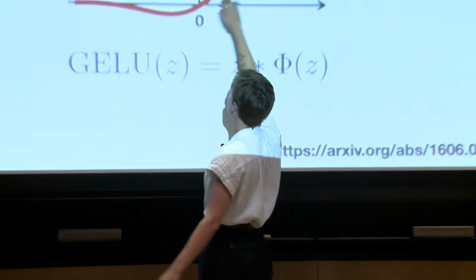Is there any issue with having a non-monotonic function? A non-monotonic activation function or loss function? Activation function. There definitely exist, in theory, activation functions that are non-monotonic, but I don't think they're widely used. Yeah, it has this part where it dips down right here.